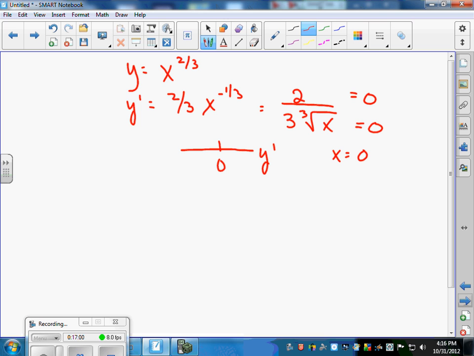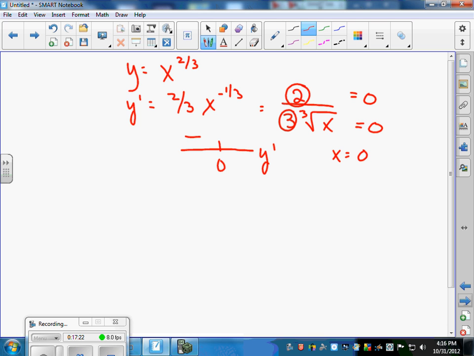To the left of 0, like negative 1, if I put that in here, I get 2 on the top, which is positive. But the cube root of negative 1 would be negative. So I'd have a positive on the top and a negative on the bottom, and that's going to make it negative.